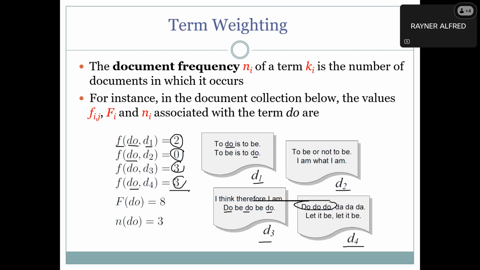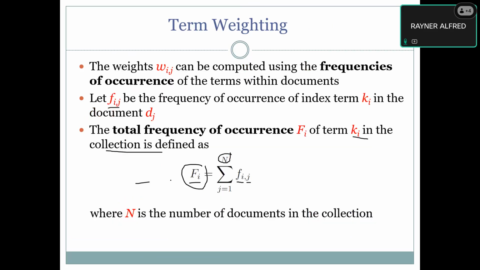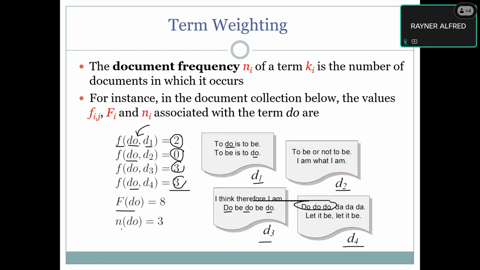Okay. So if we total this up, this will be the total number of occurrences for the keyword "do" in all of the documents that we have. So that one refers to this. Okay. And N refers to the number of documents that contain the keyword "do".